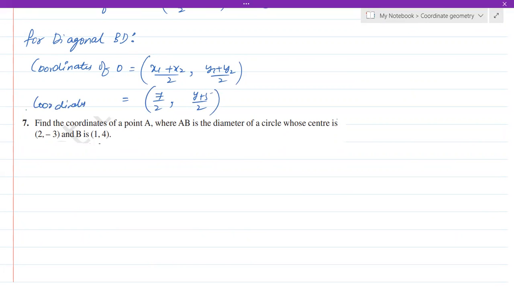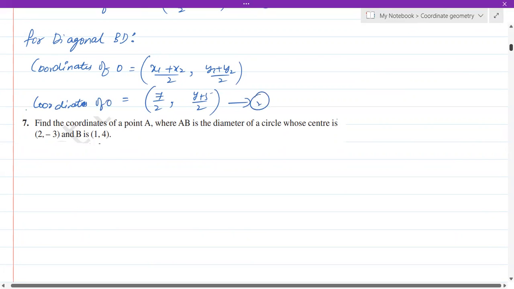So what we have done in both the cases is we have found the coordinates of O using different diagonals. But coordinates of O should be same, right?